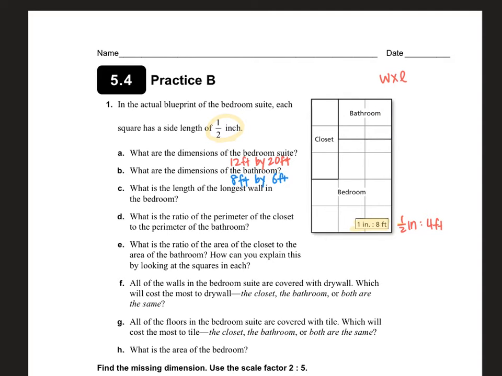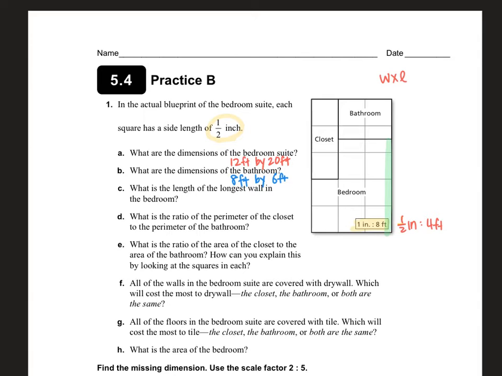The third question is asking the longest length of the wall in the bedroom. I cannot use any other sides because this one has a closet, so this part on the bottom 2 is going to be the length of this wall, this 3, and then I have 3.5 here. So my right side is going to have the longest wall.